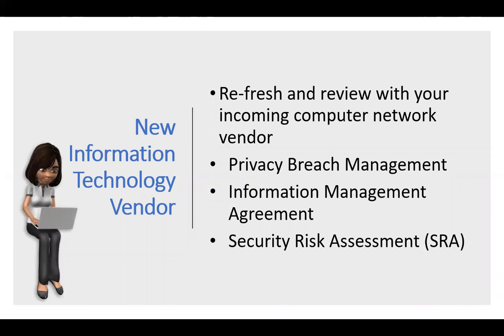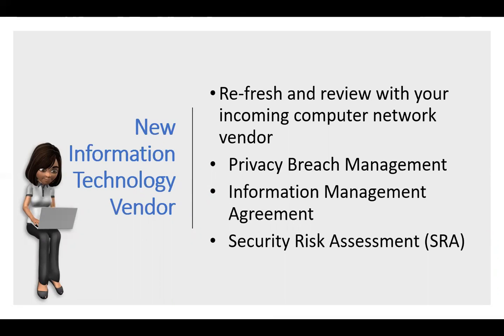You're going to, in your PIA amendment, spend a lot of time on your new information technology vendor because it's a new addition to your privacy impact assessment. So you're going to have that new vendor review what the previous vendor had done in your policies and procedures and see what the new solution is. Make sure your policies and procedures are updated.